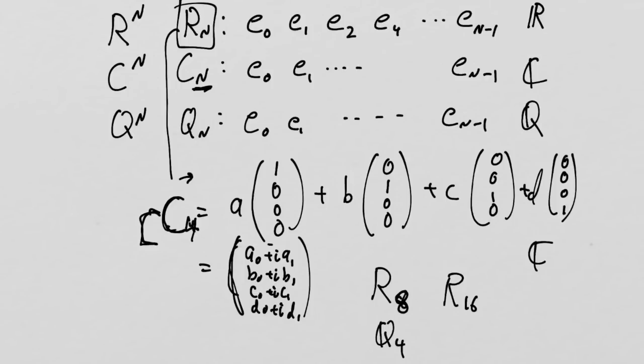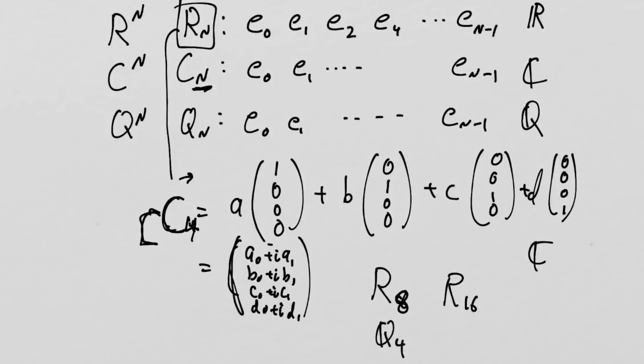It's equivalent to an R8, but it's different, right? It comes from the bin of scalars being the complex numbers, and the quaternions are similarly situated. The point being, though, that we're going to be talking about changes of basis of these three vector spaces.